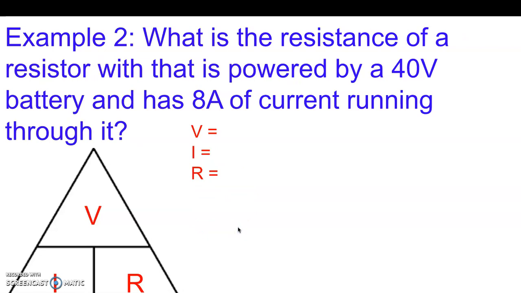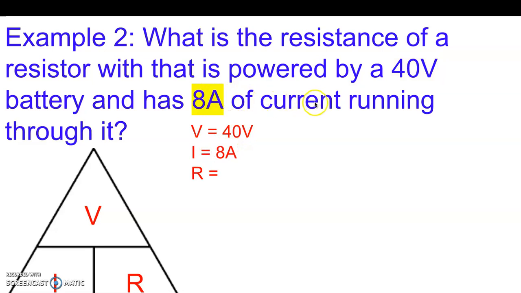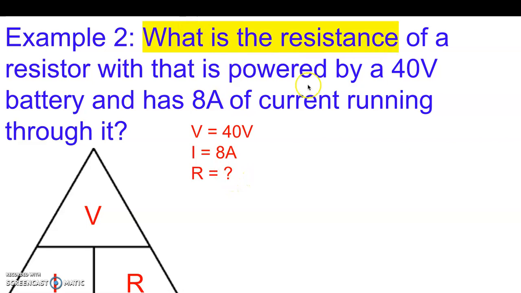What is the resistance of a resistor that is powered by a 40-volt battery and has 8 amps of current running through it? So volts is 40 volts, current, 8 amps of current. Resistance, that's what we're looking for. What is the resistance? So we're going to cover up R in the triangle.